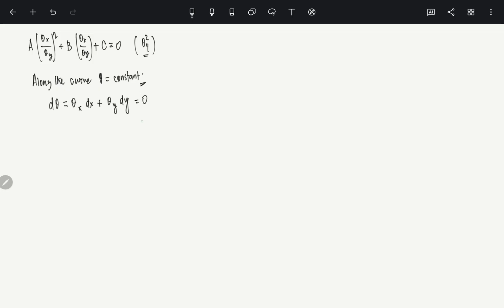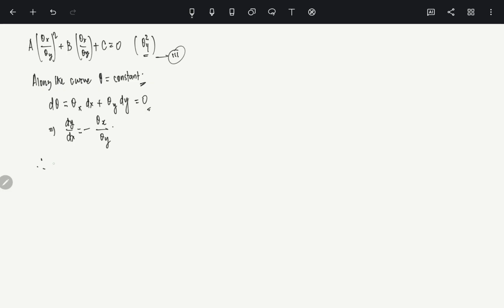Along this curve theta equals constant, d theta is 0 because the differential is 0. So that implies that dy by dx is nothing but minus theta x by theta y. Clear?